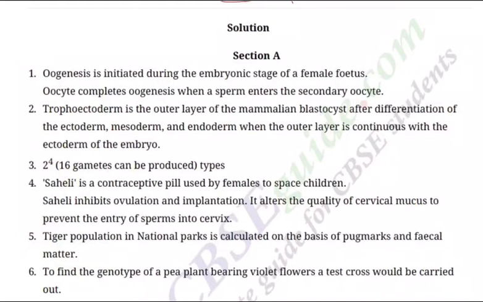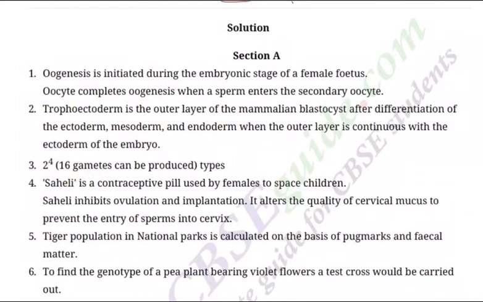Trophoectoderm is the outer layer of the mammalian blastocyst. After differentiation of the ectoderm, mesoderm and endoderm, the outer layer is continuous with the ectoderm of the embryo.